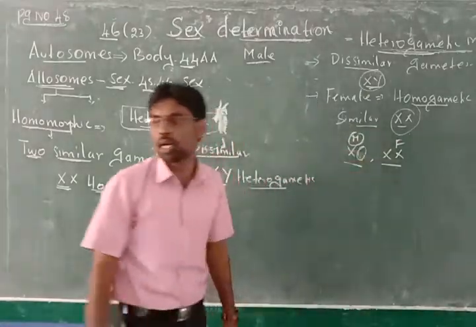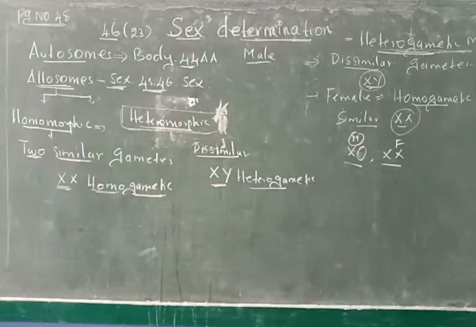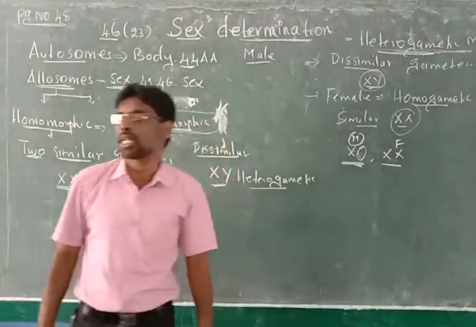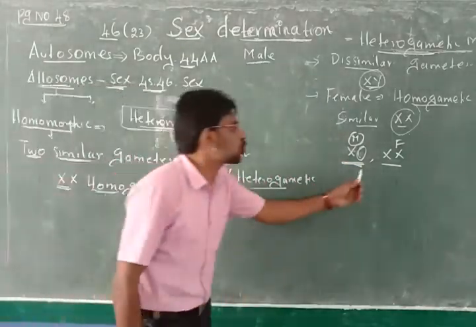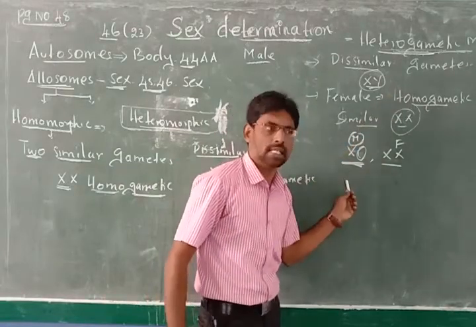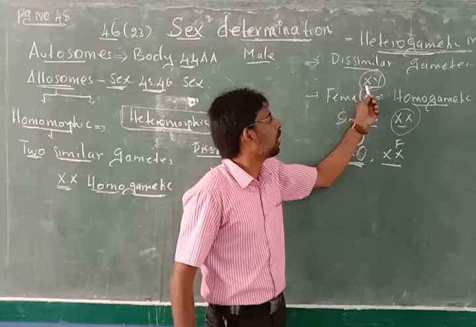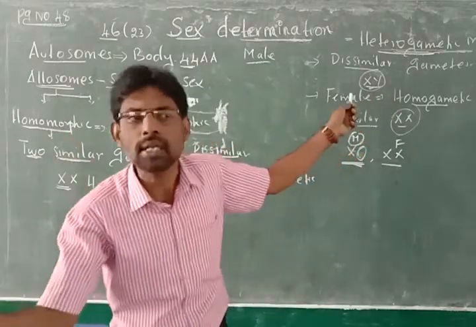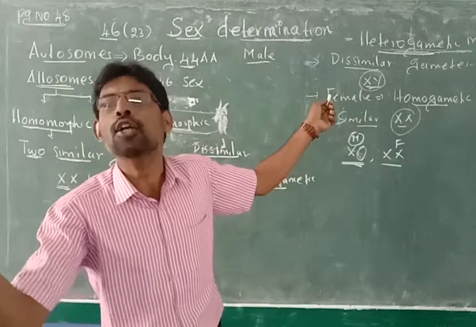In this, certain organisms will have this. For example, you will have bugs, cockroaches and grasshoppers. So in bugs, grasshoppers and cockroaches, the XO system is involved in sex determination. See here, these two gametes are similar and only the male is dissimilar. So X and Y decides sex in the human being as well as in Drosophila.